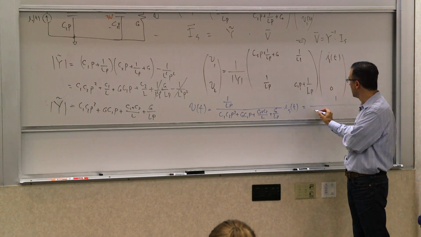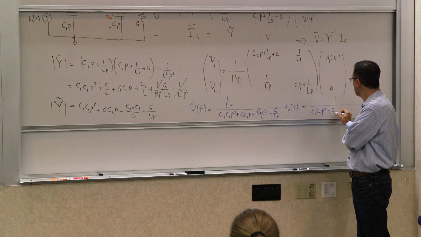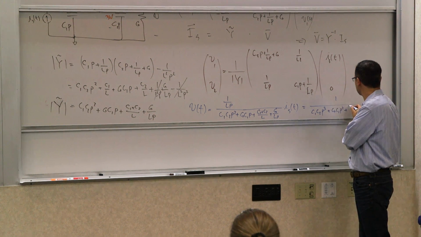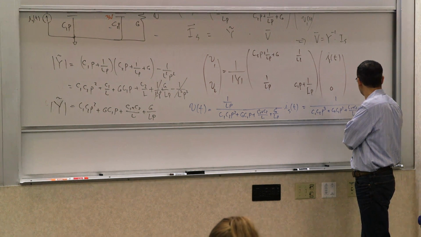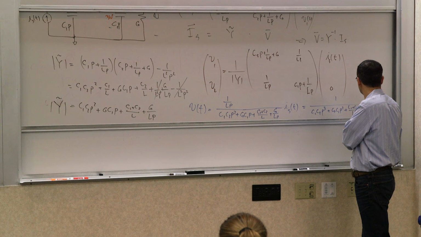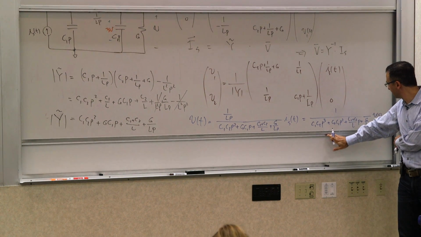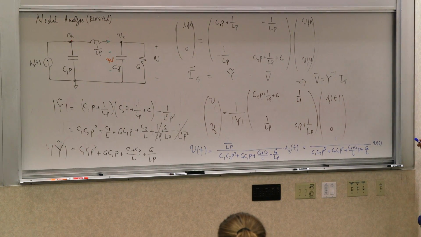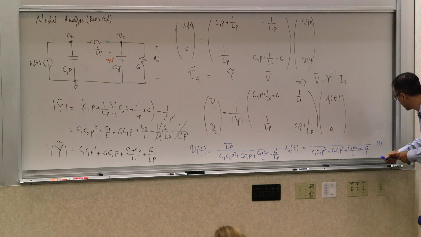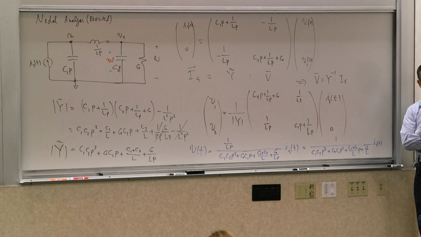So you get 1 over C1 C2 P cubed plus G C1 P squared plus (C1 plus C2) over L P plus G over L, operating on Is of t. Okay? So what do I get? A third order differential equation.